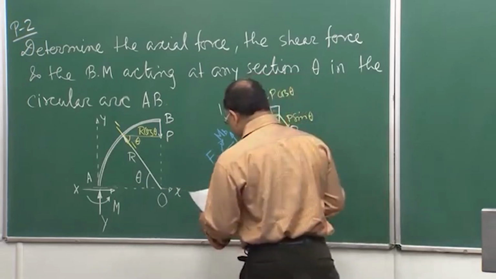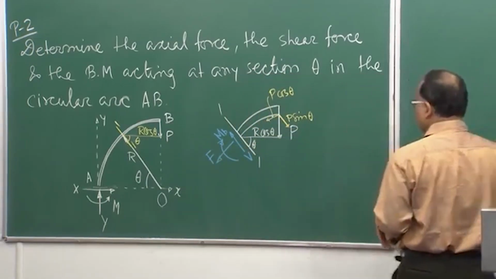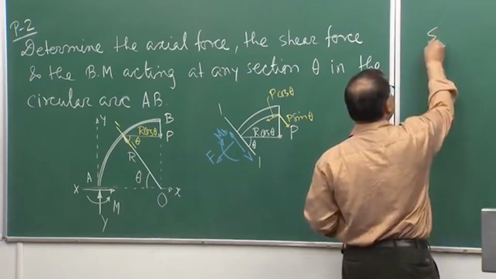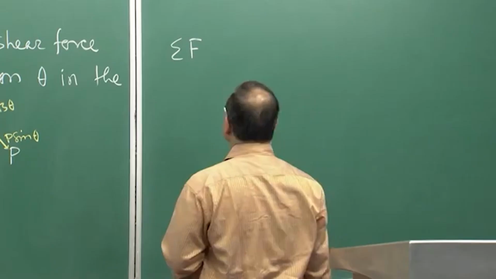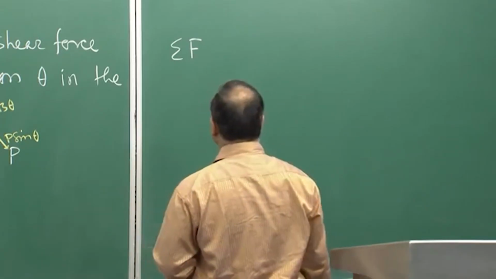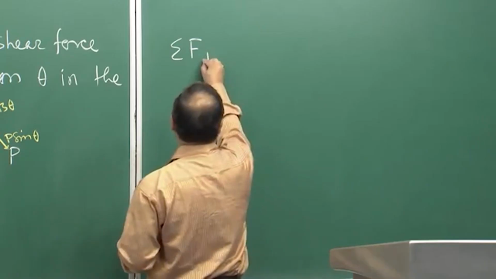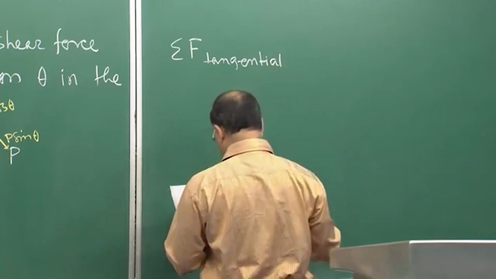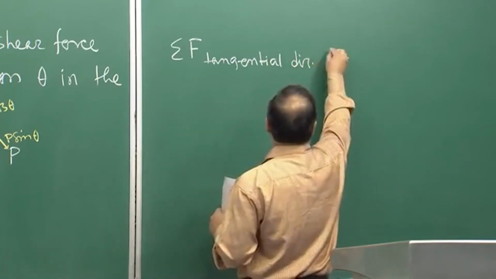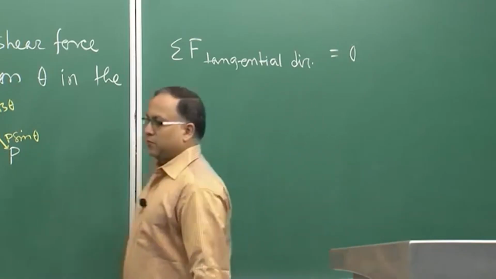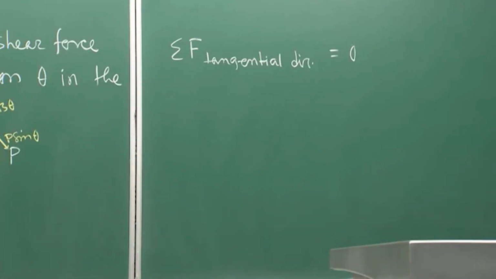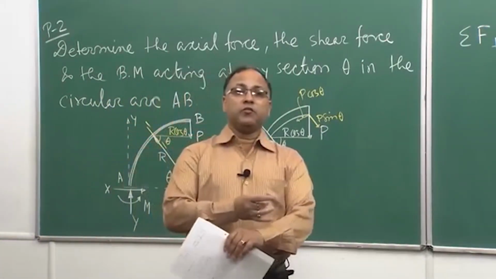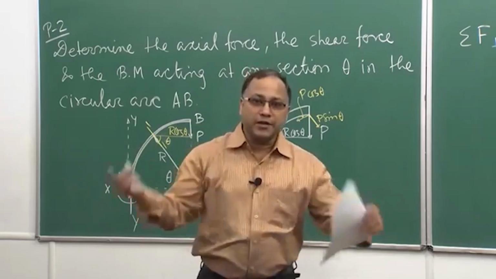Now, if you try to resolve, the first one is to consider the equation of equilibrium for the tangential direction: the summation of F in the tangential direction is 0. It is not mandatory to consider every equilibrium equation each time; equilibrium is valid for any direction, right.